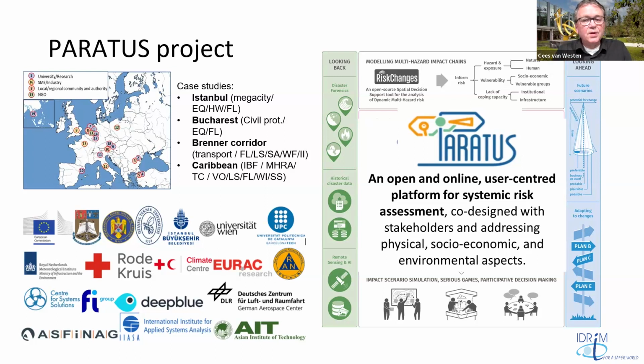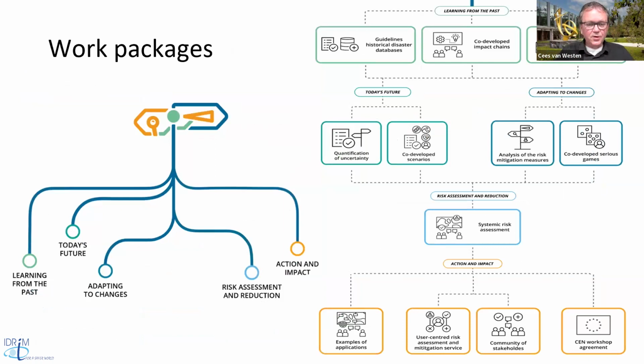Megacity Istanbul, a very earthquake-threatened city; Bucharest; cross-border transportation between Austria and Italy; and Caribbean islands, small island development states. So within this project, we are aiming to learn from past events to give guidelines on how to better develop databases for these complex disaster events and learn from them through forensic analysis and impact chains.